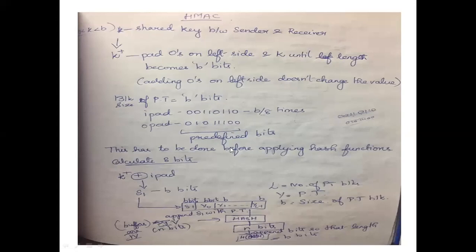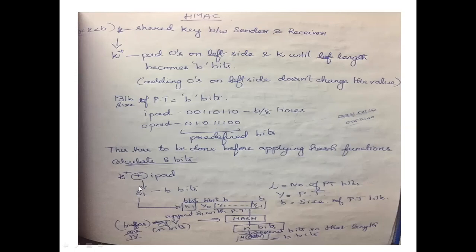See here, in this diagram, first the K is made into K plus by adding the bits. Then you XOR it with IPAD values. When you do so, you get something called S1, and this S1 has to be the length of B bits, the number of bits in the block size.